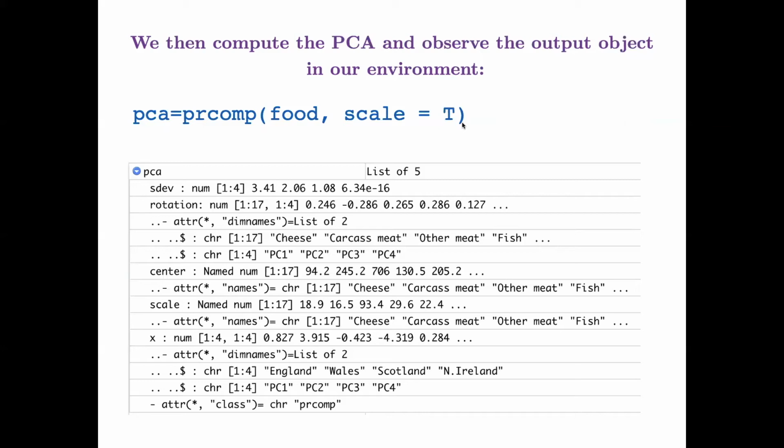Now, let's just look at the output object, PCA, in our environment and the different components of it. One thing I should point out already is this equals sign. Now, if you're classically trained in R programming, you probably use 2 character strokes to make the store arrow.